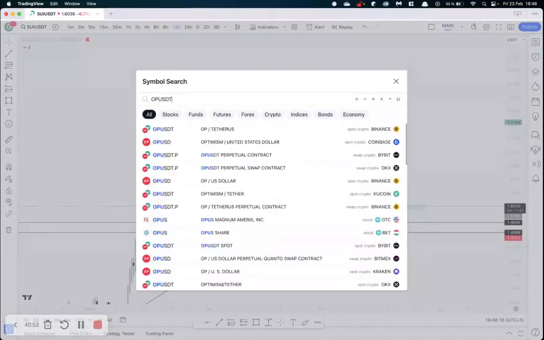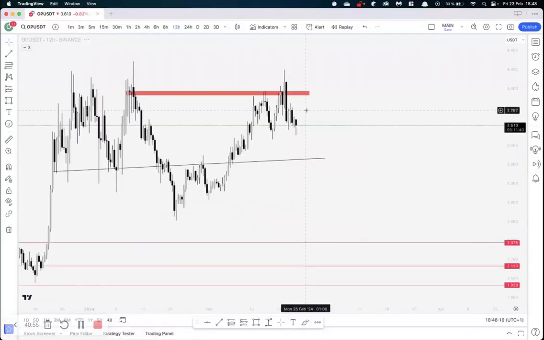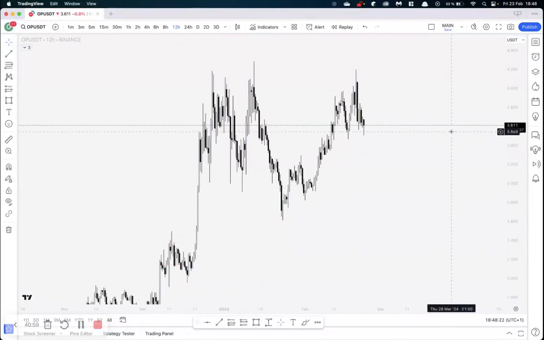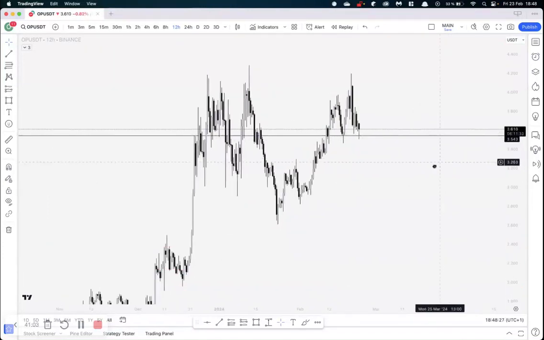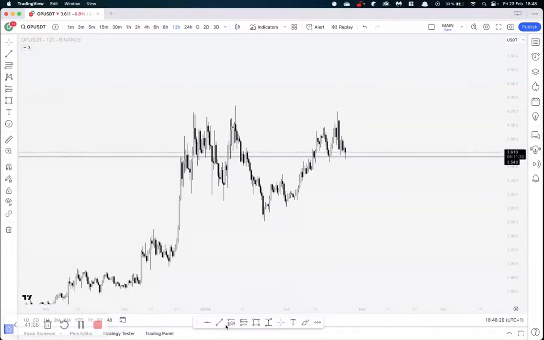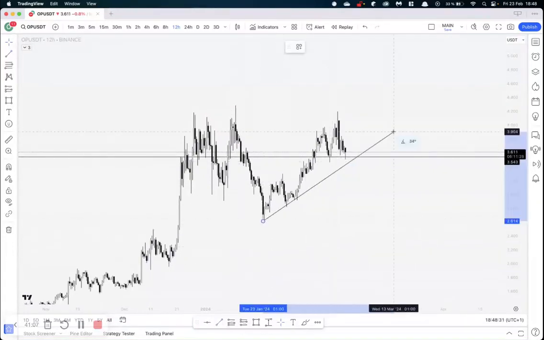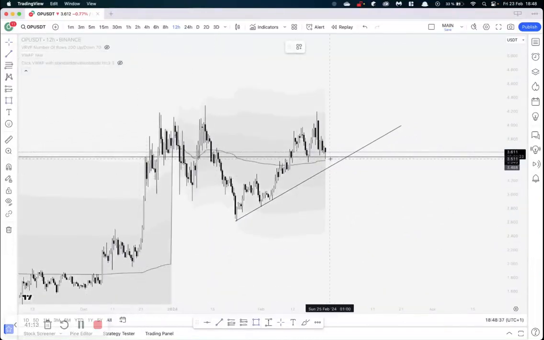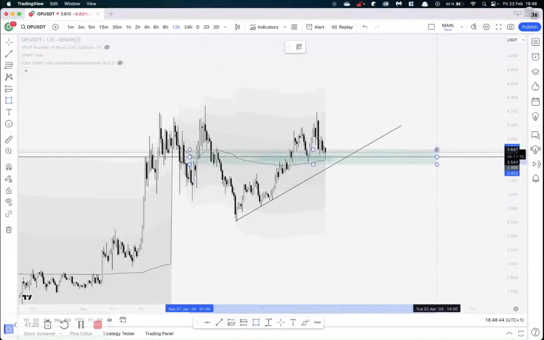And OP, yeah. My OP setup is identical to Decimal's setup, so you can just check that out. It's the exact same setup. We have VWAP here, together with a huge support resistance level.